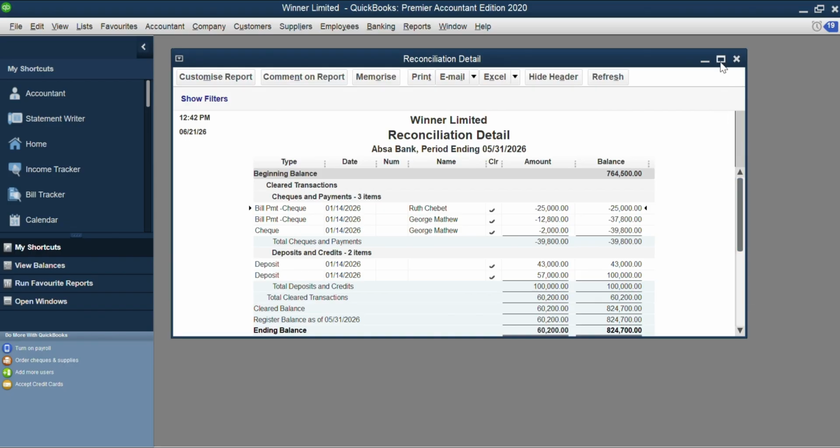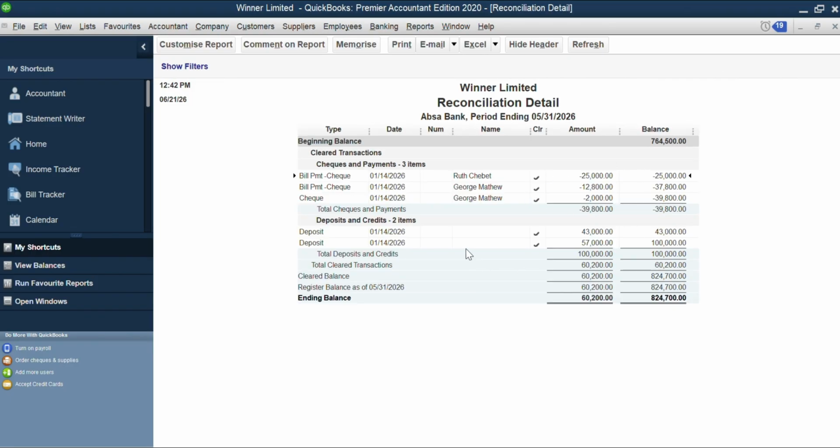So in this case, now we are trying to show the reconciliation that has been done, and our reconciliation is okay. Then you can just print and file, or send to your manager or whoever person is concerned, who supervises you at your work.